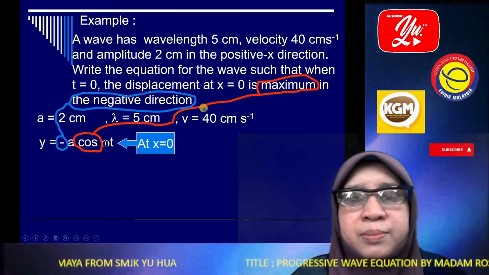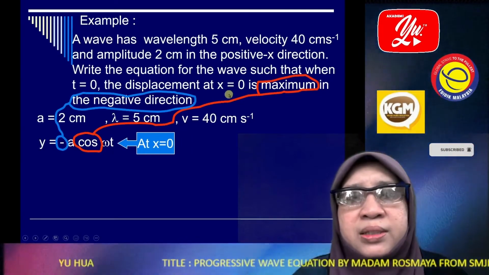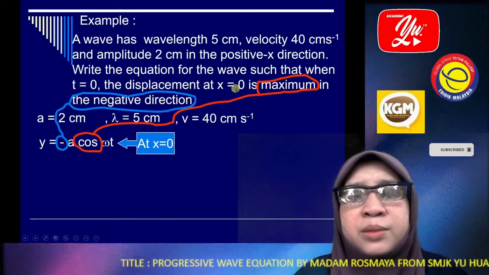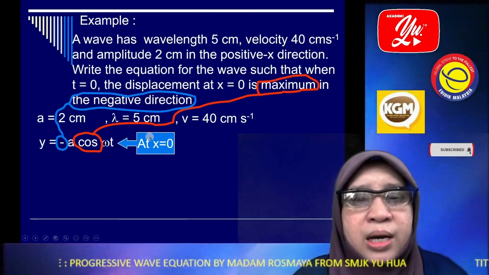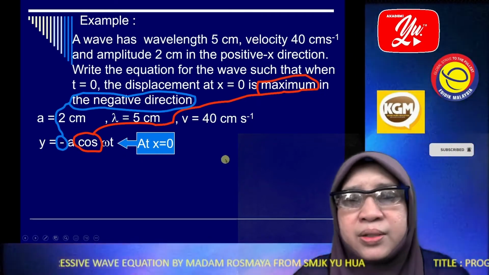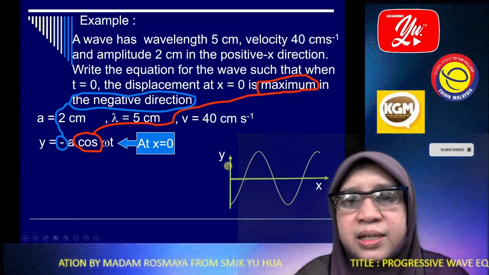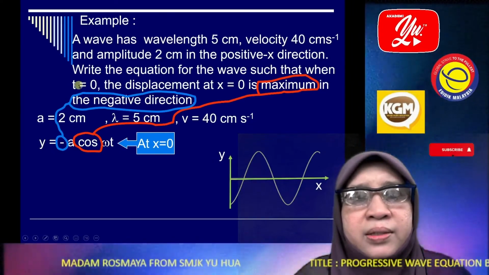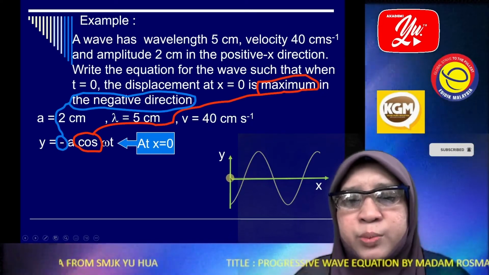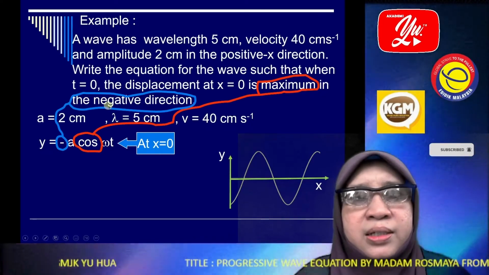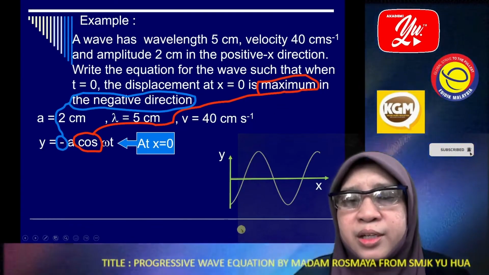Because the condition says that at t equals 0, the displacement at x equals 0 is maximum in the negative direction, how can you imagine this? At x equals 0 and t equals 0, the position is in the negative direction and at maximum.